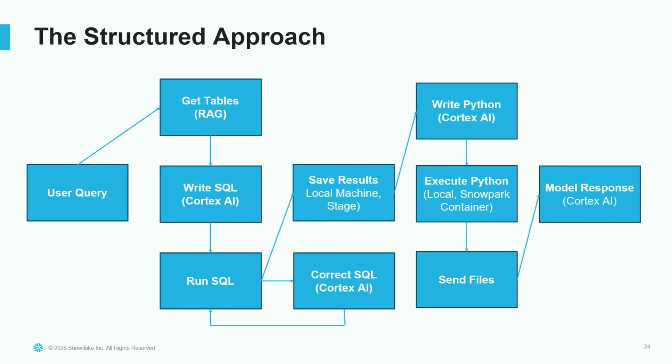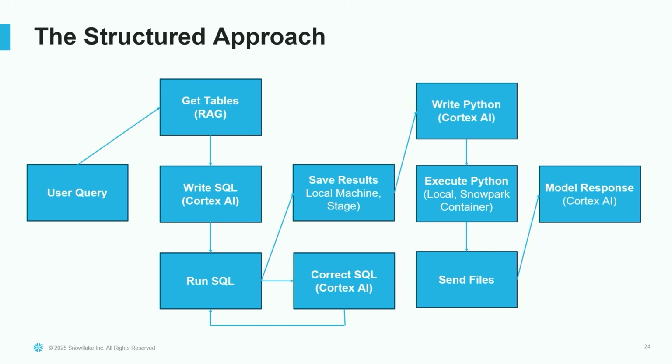Then we move into the Python piece, and using those pointers that we saved off, we write Python using Cortex AI. We run that, again, either locally or in a Snowpark container. Finally, we send all of the files that are in that user stage, as well as the model response, to the end user.